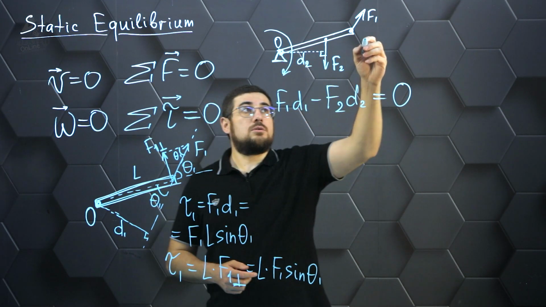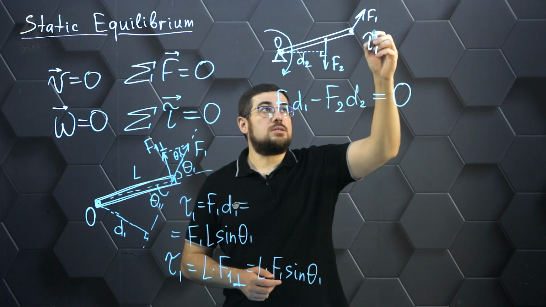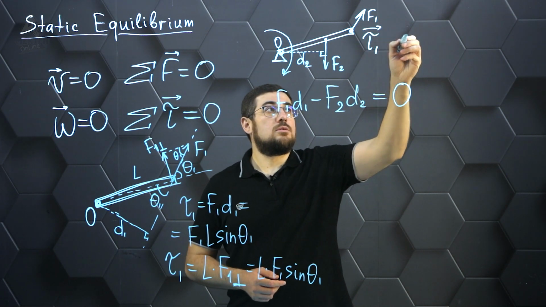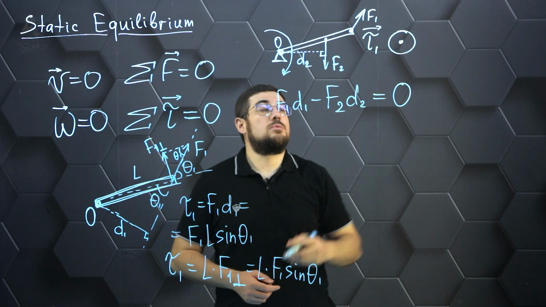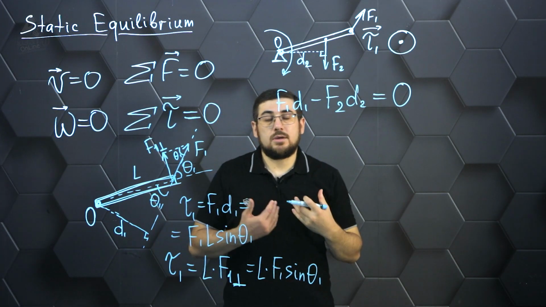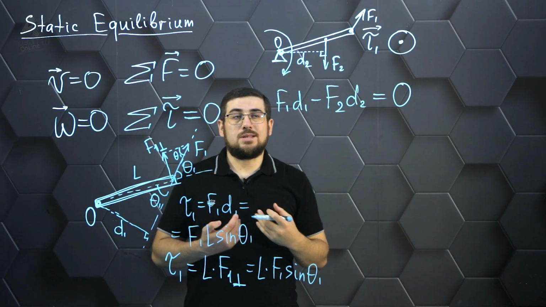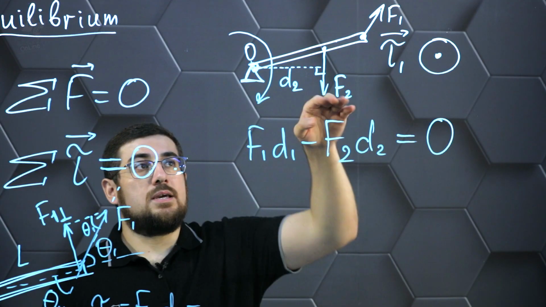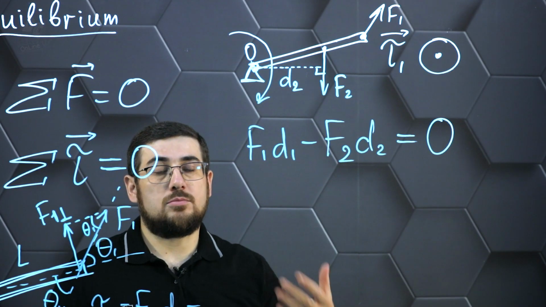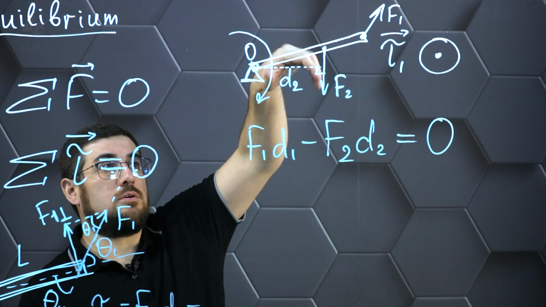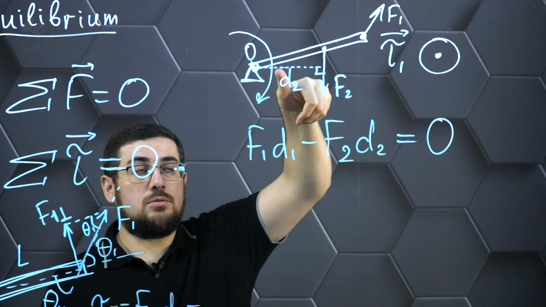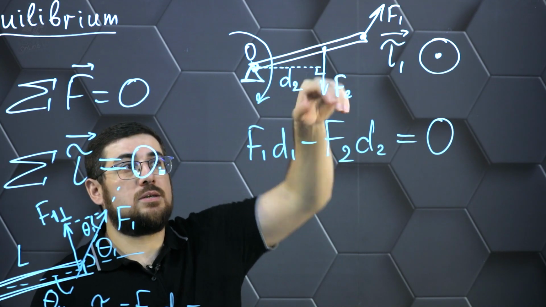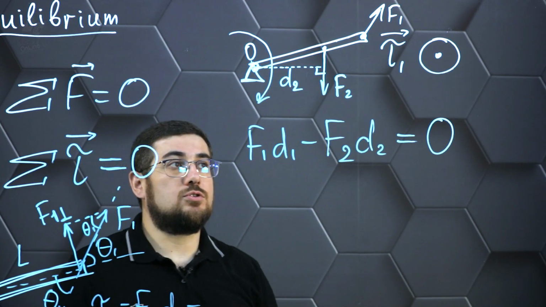So the direction of the moment of F1 we can show this way. The dot shows the vector that is facing us from the figure. And we see that for the force F2, everything will be in the opposite direction. So we have four fingers pointing in the direction of the rotation, and the thumb is, in this case, pointing into the figure.